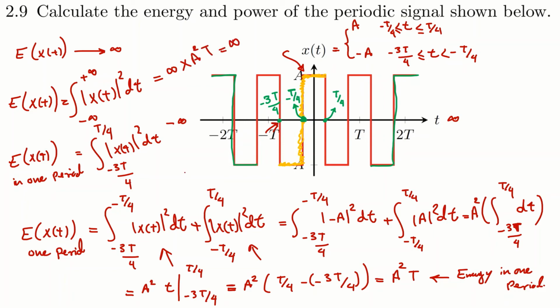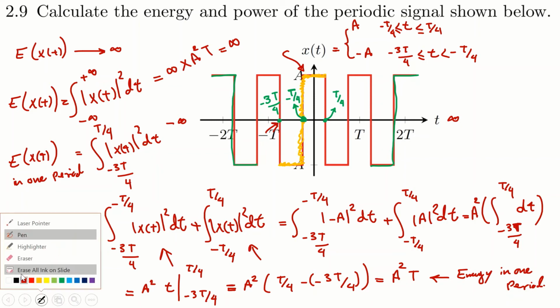That's why we say the energy of a periodic signal is infinity. And that's only the case for signals which are periodic from minus infinity to infinity. If a signal is periodic in a bounded time interval, then its energy can be calculated, and it is not necessarily infinite. So that's the energy of this signal.